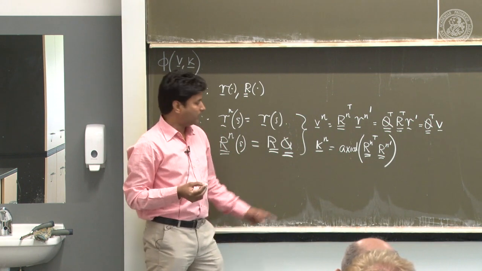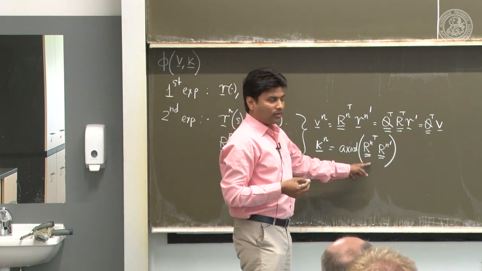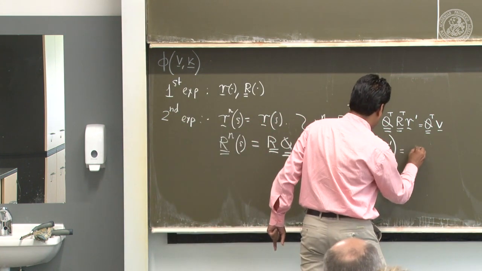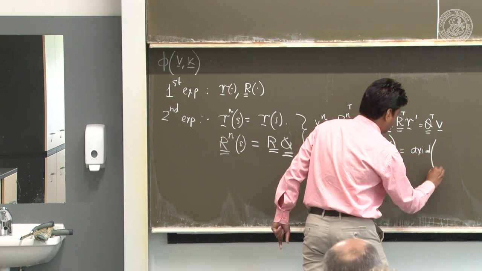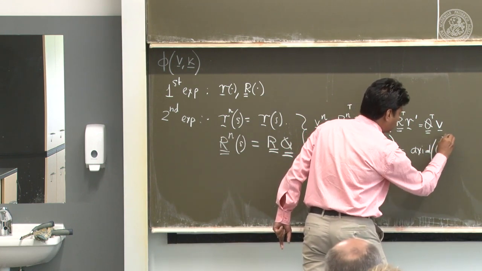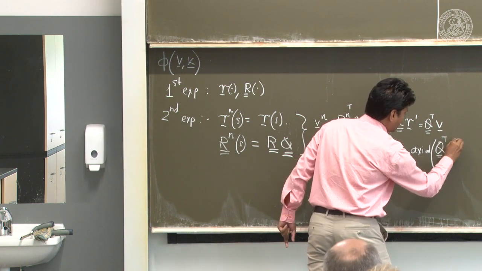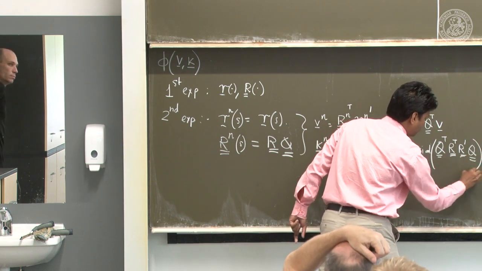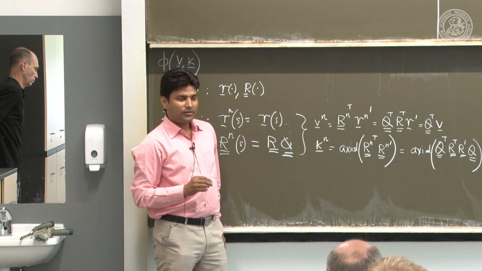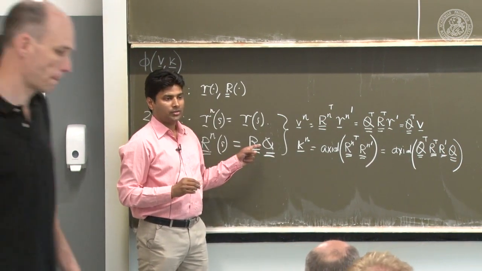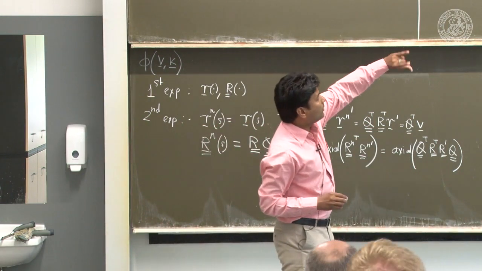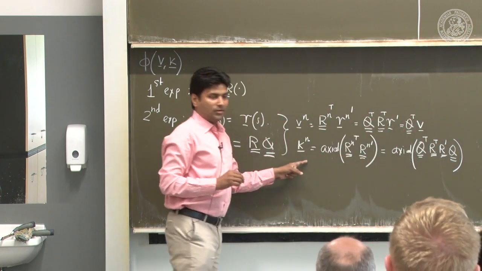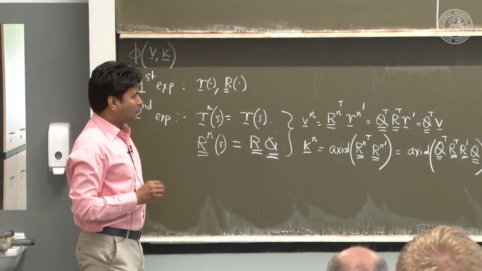R transpose R prime, that's K. Now we write down new big R in terms of old big R, and that's going to become axial of Q transpose big R transpose big R prime into Q. See, there is no derivative on Q because Q is a constant. So you are applying the same rotation everywhere. Q does not depend on S. Okay?